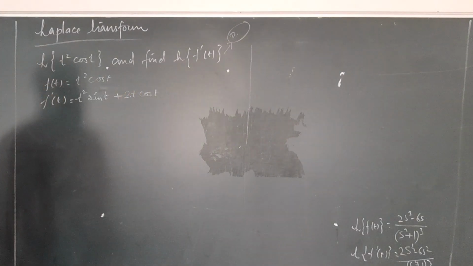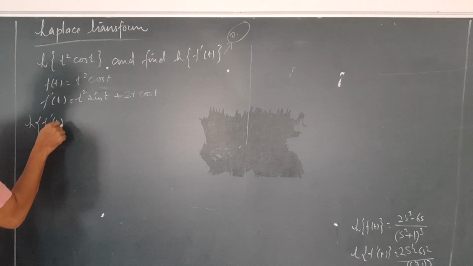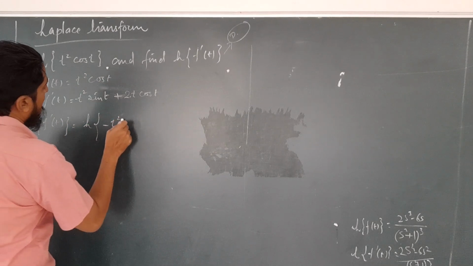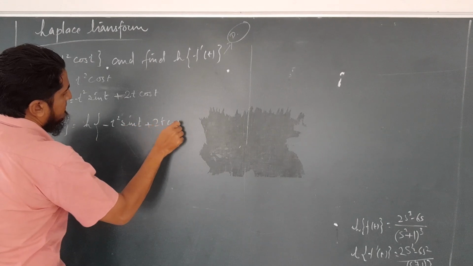Correct? Now using Laplace transform of f dash of t will give us minus t square sin t plus 2t cos t.